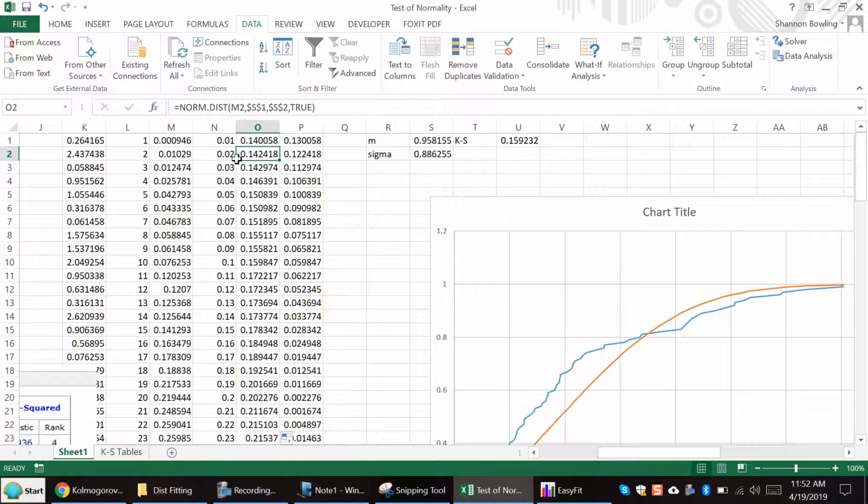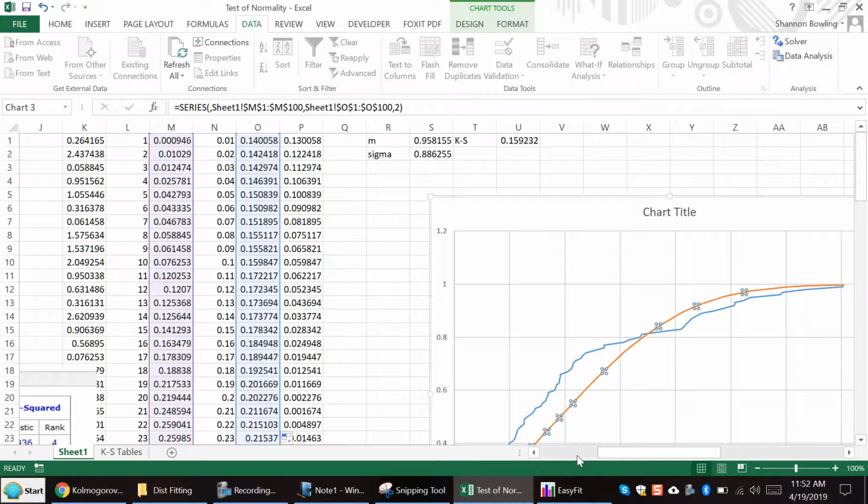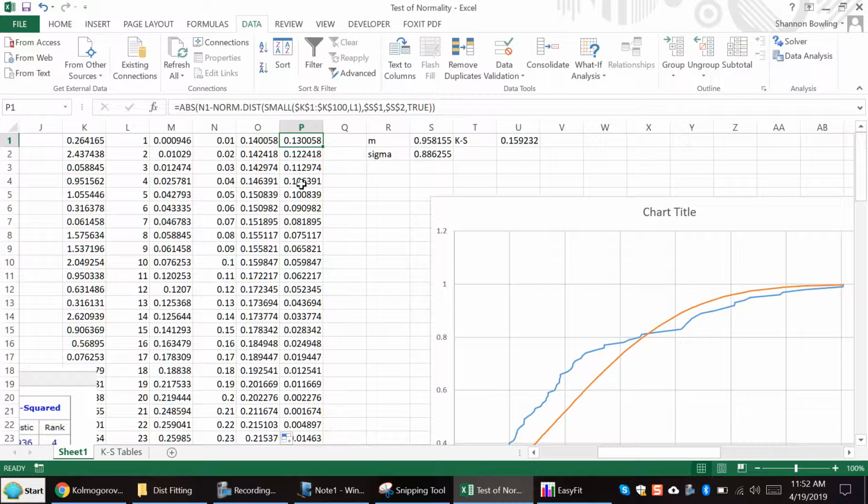So this is my actual theoretical value that should be. This is my orange line there. Do you see that? One is the theoretical curve. The other is the actual curve. And then this is just the absolute value of the difference of the two. Okay? That's all there is to it.